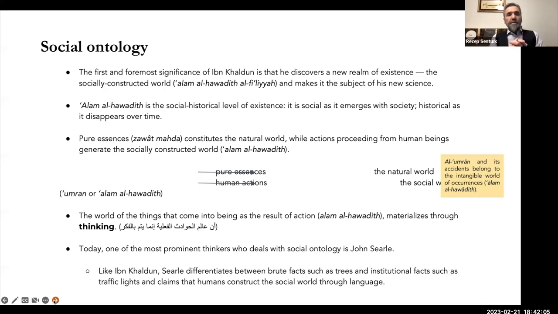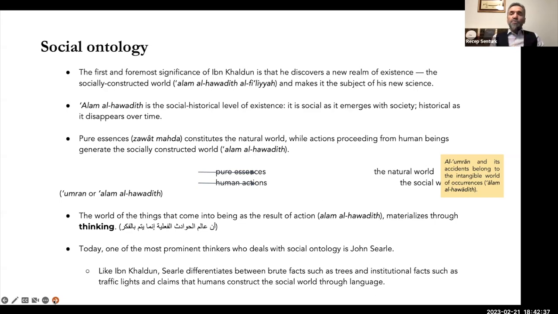Okay, now let's talk a little bit about the social ontology of Ibn Khaldun, because when we talk about ontology, the existing beings, it's not only material objects that exist, but at the same time, society and civilization are also existing beings, right?